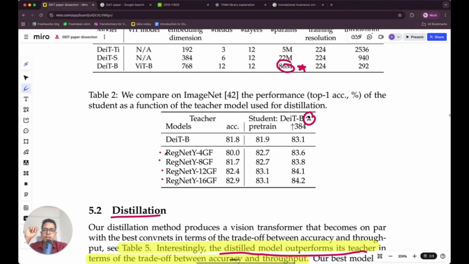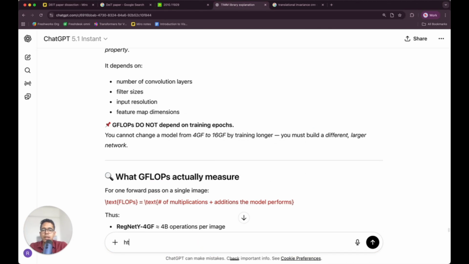But what is the architecture? I'm not understanding what's the architecture difference between each of these 4 if the teacher is different. Maybe let's ask then, what is the difference between these teacher models?